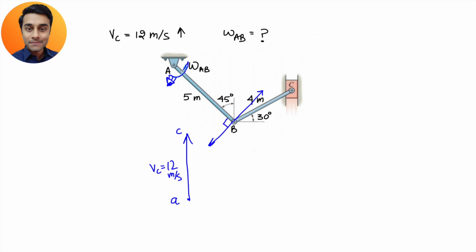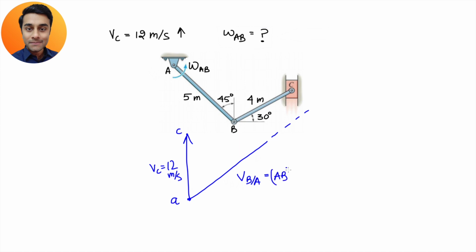Since omega is counterclockwise with respect to A, the velocity of B is going to be in this direction with respect to A. So if you are on point A, the velocity of B will look as if it is going in this direction. But up to what point? Up to here, here or here? We don't know.